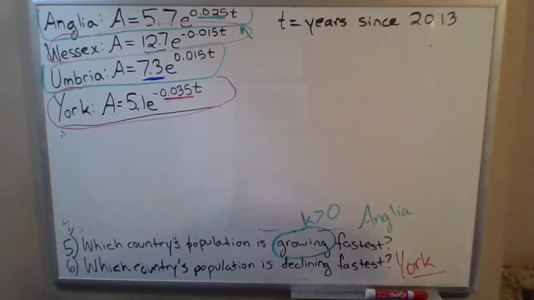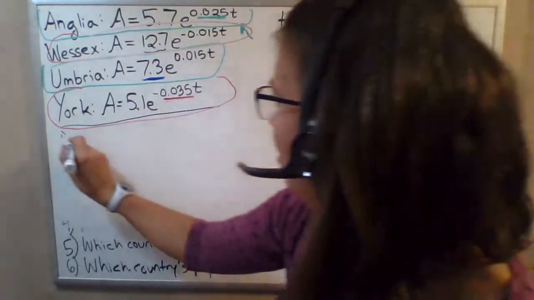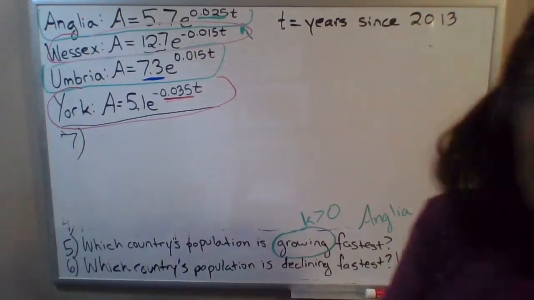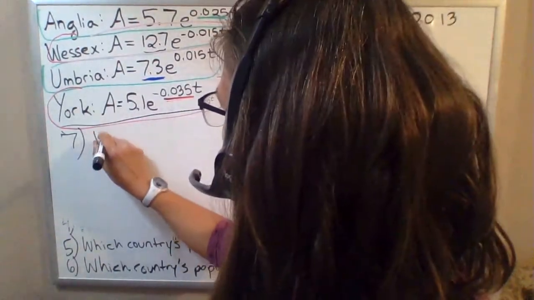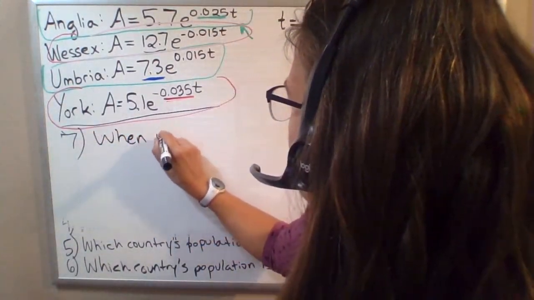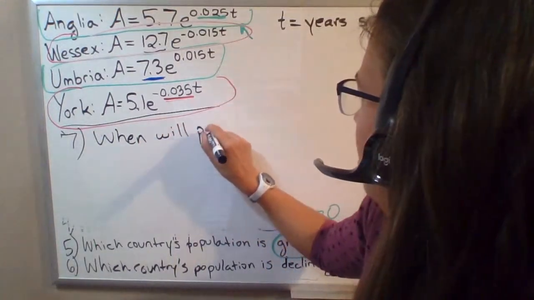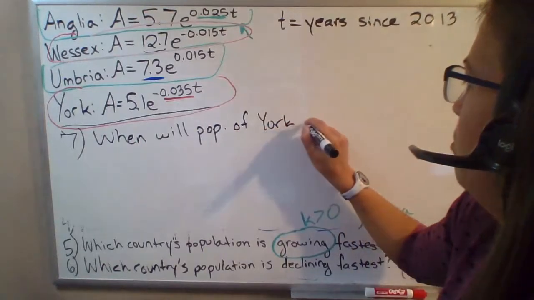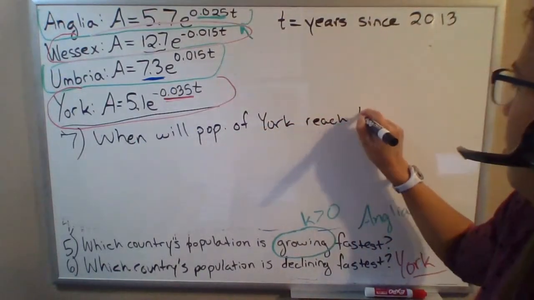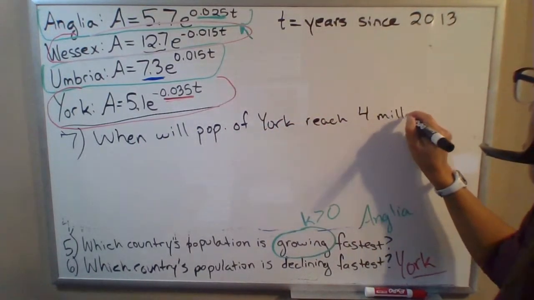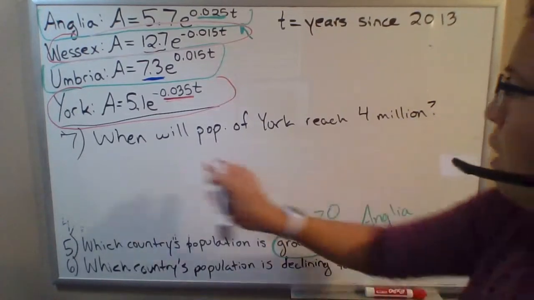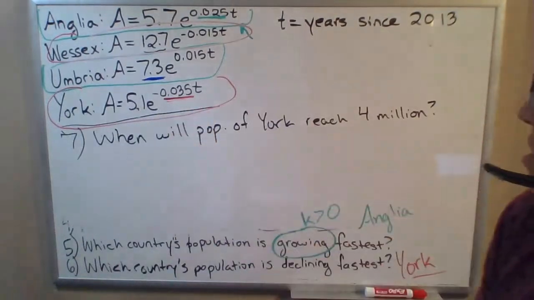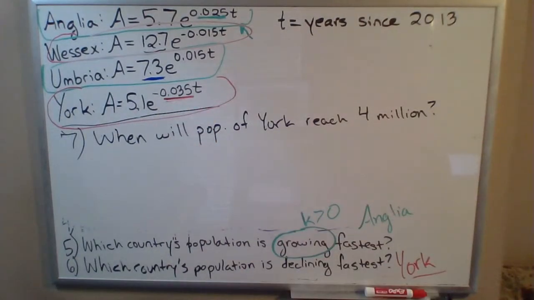Now, I wanted to squeeze in one more question in this video. So question 7: when will the population of York reach 4 million? York's starting population is 5.1. We've got a negative value of k, so that population is in decline.